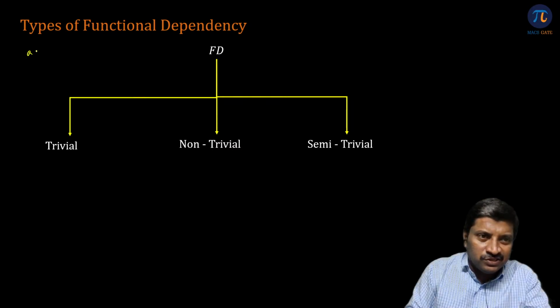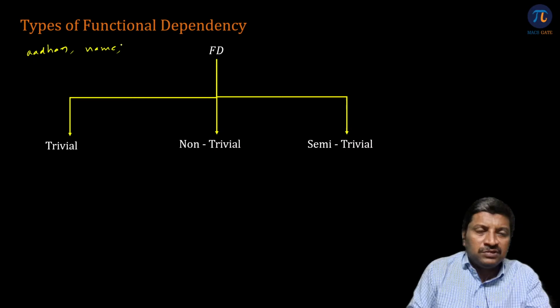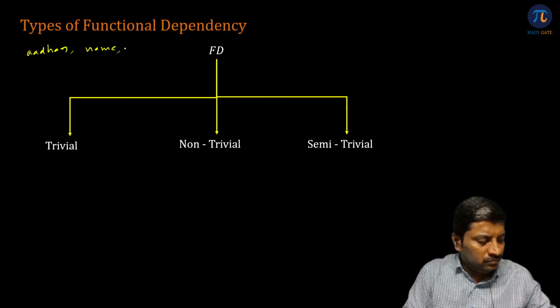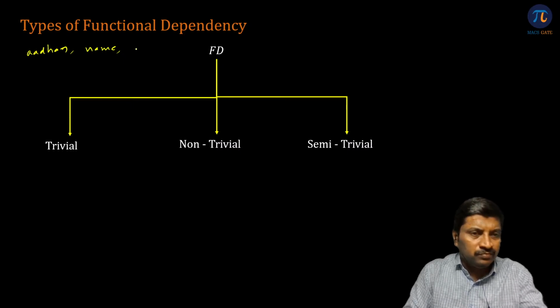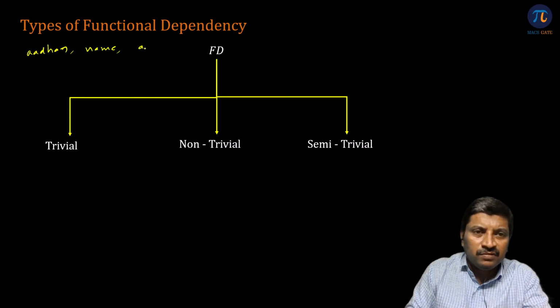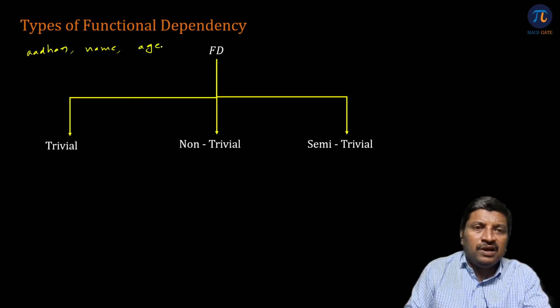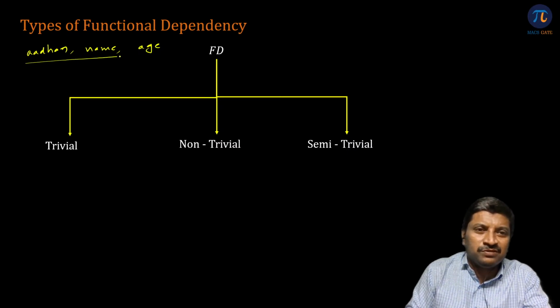Suppose let us consider the same thing. I know the Aadhaar, name, and age. Let us consider only three examples.